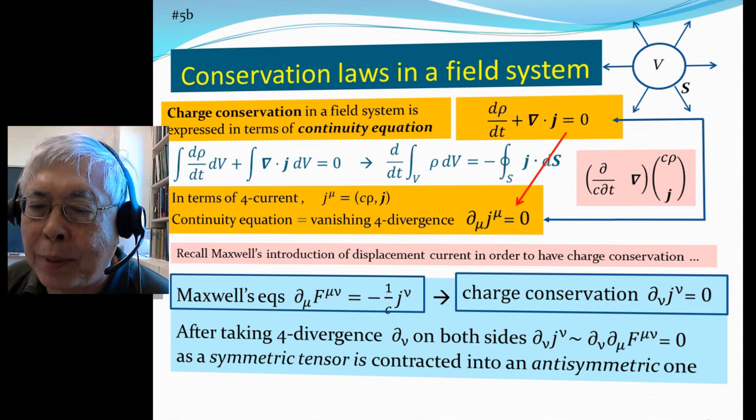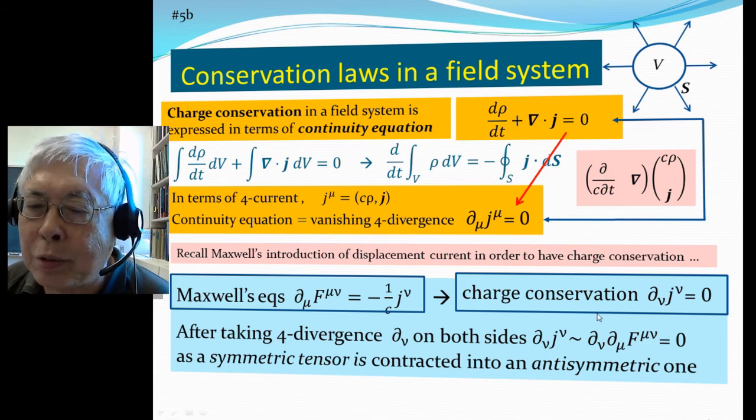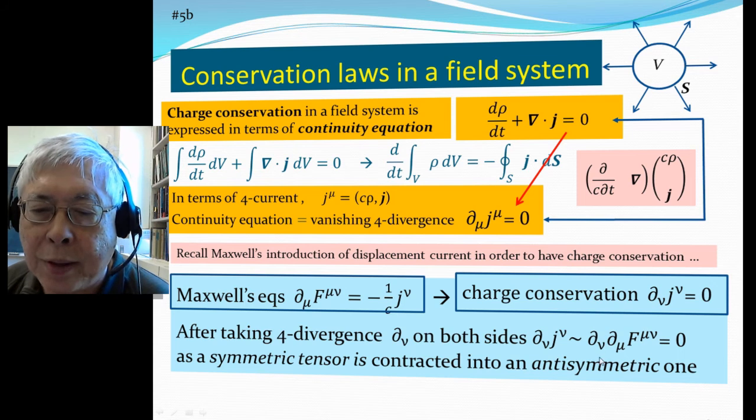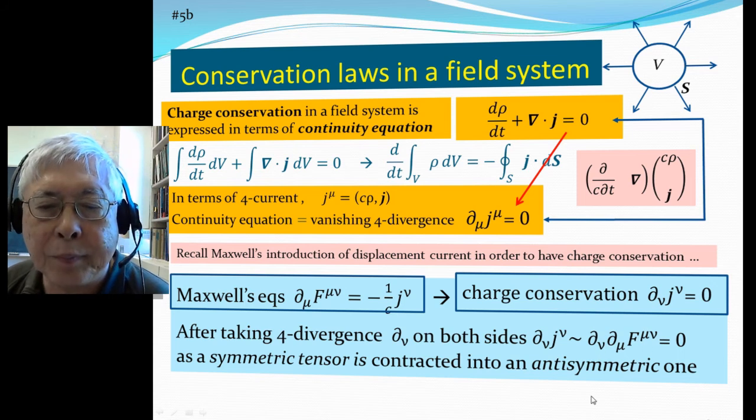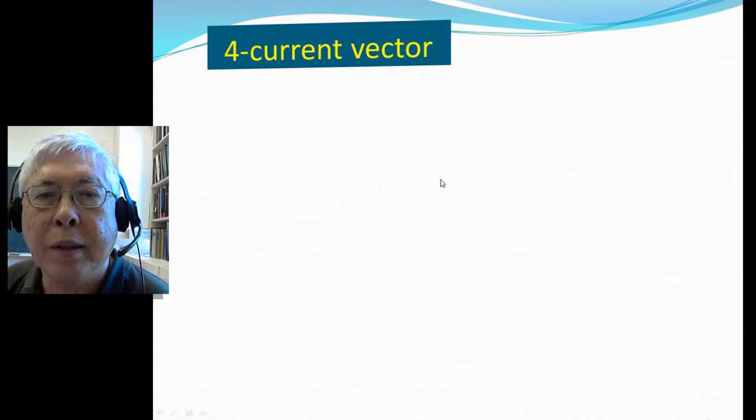We have shown in an exercise in the past that this has to be 0, because something equals minus itself. So therefore charge conservation is automatically built into Maxwell's equation.